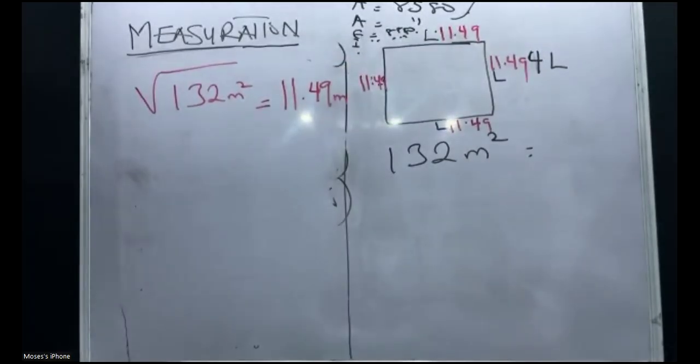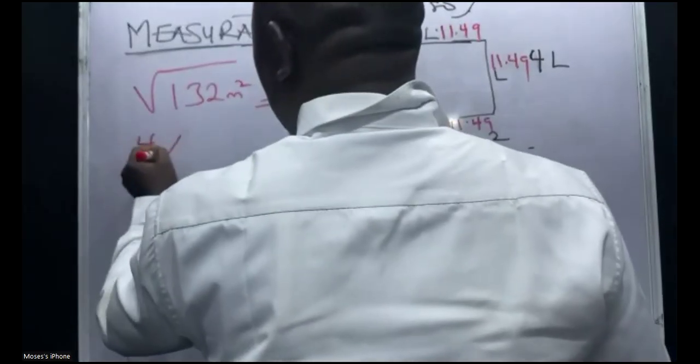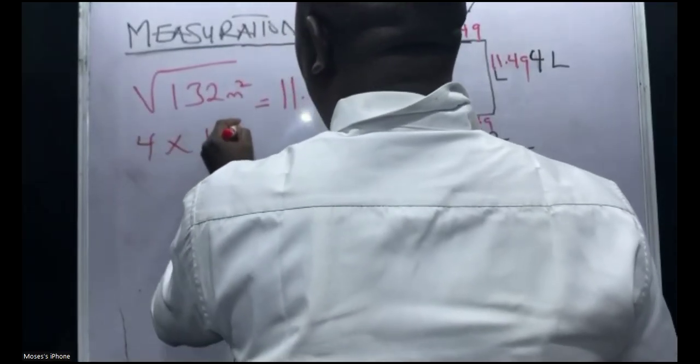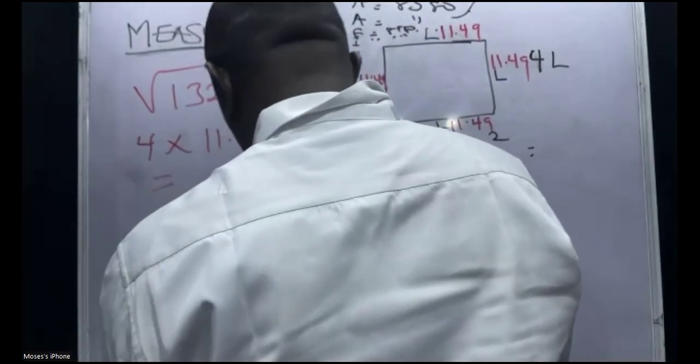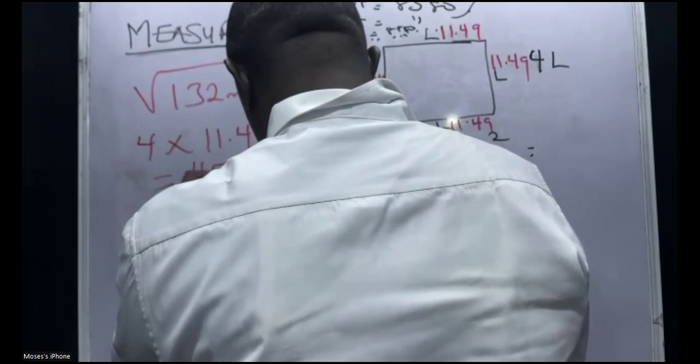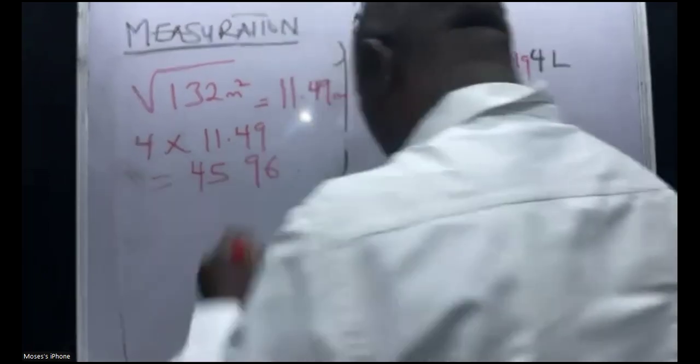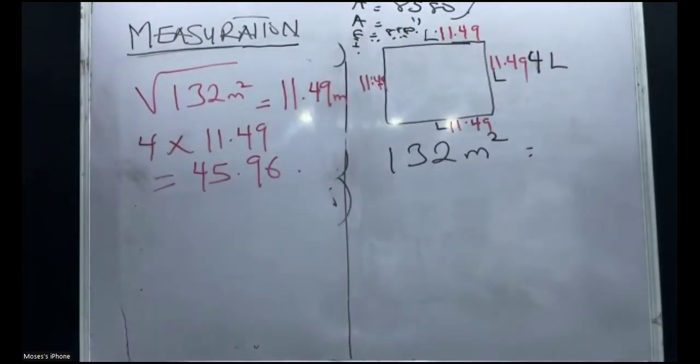That is the total distance if you go around the field. It's going to be 4 times 11.49, which is going to give us 45.96. Do we get it to this level?